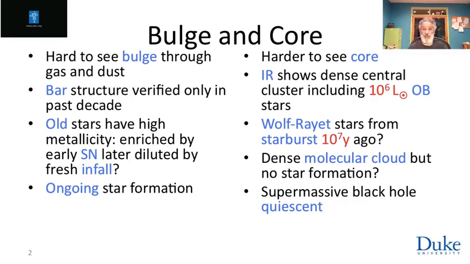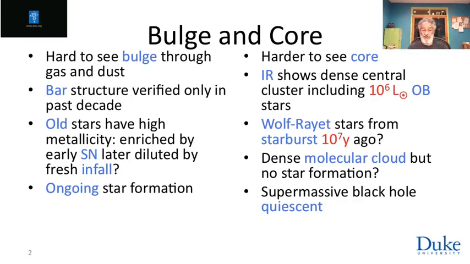Infrared observations allow us to peer through the dust to some extent and find that at the center of the galaxy is a dense cluster of stars, including a bunch of stars you'd call type O and B, so hot blue stars, but with luminosities far exceeding what we expect for main sequence type O and B stars. Luminosities of 1 million solar luminosities per star.